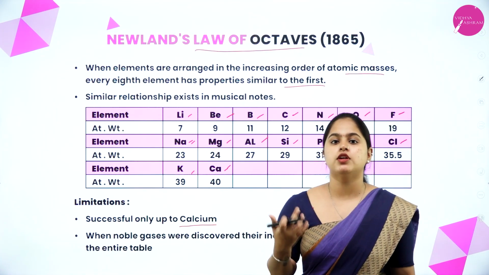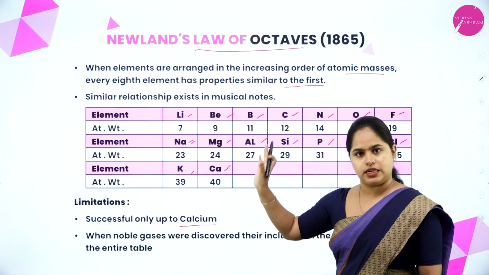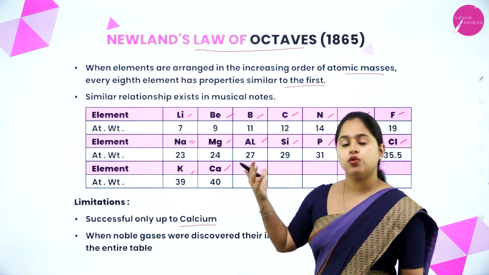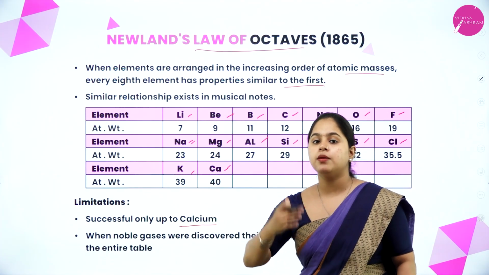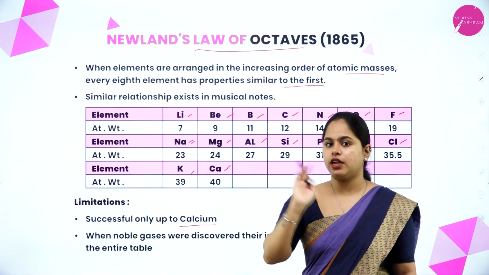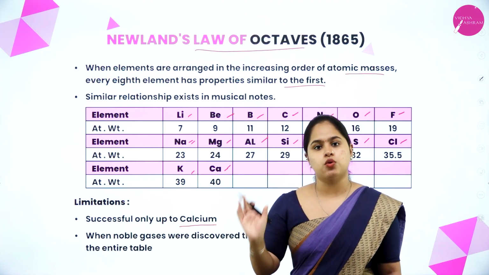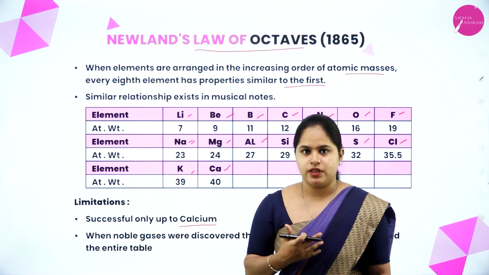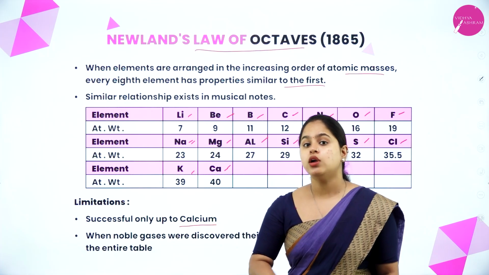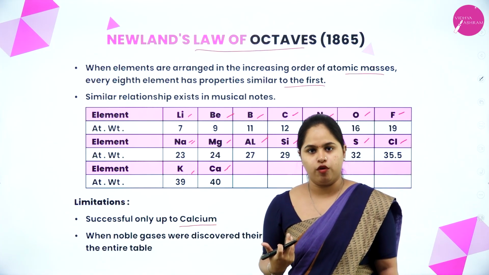According to Newland's law of octaves, the 8th element will have similar properties to that of the respective first one. When noble gases were discovered, this couldn't happen. It disturbed the whole table. So this is Newland's law of octaves.